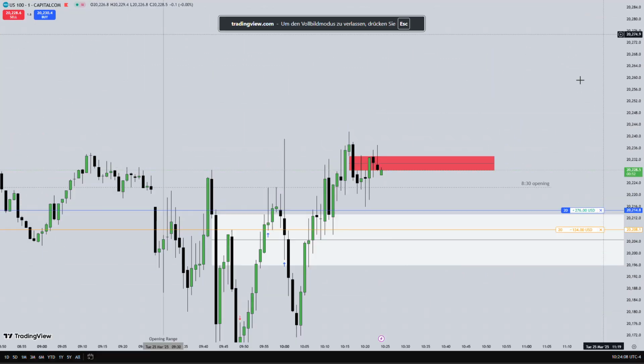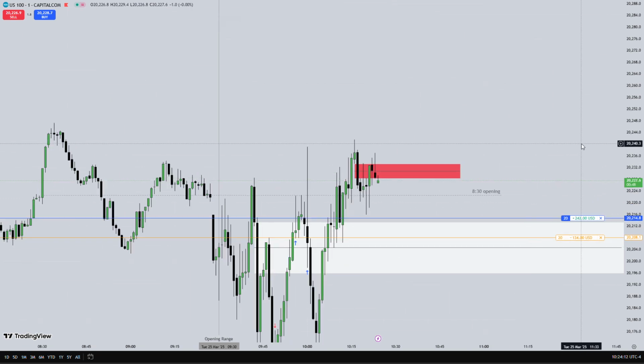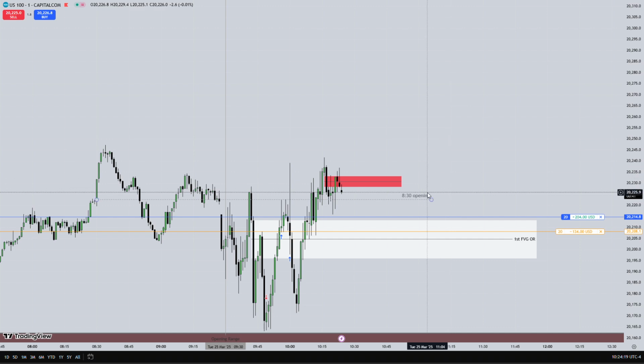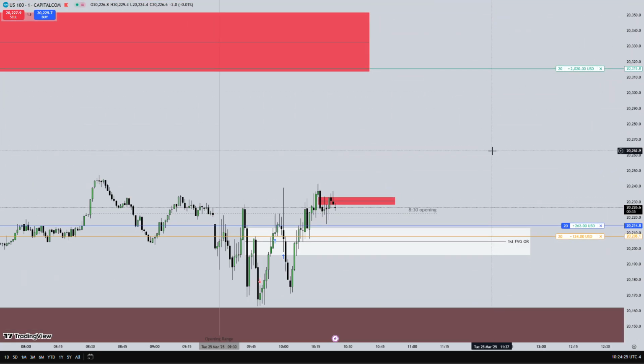So if price takes me out, I'm fine with that. This is a small risk, 0.1% of the account, and I'm fine with that. If it's a losing trade, then it's okay. And if it's a winning trade, even better. Okay, let's see.